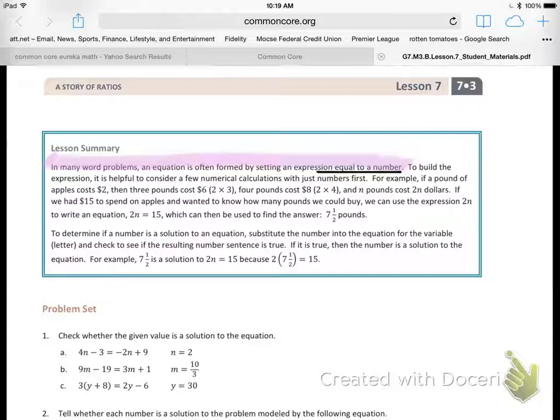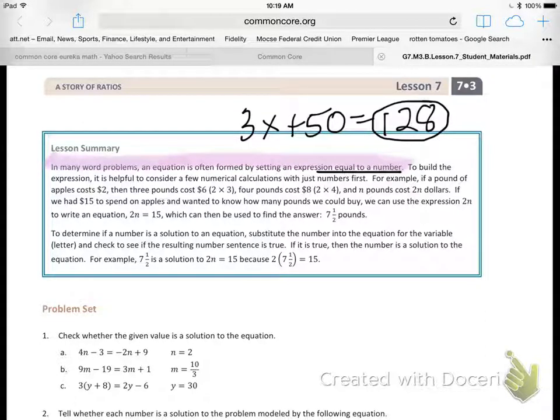So for example, we had 3x plus 50 equals 128, early on in this lesson. So it's going to actually have that number on that far right side.